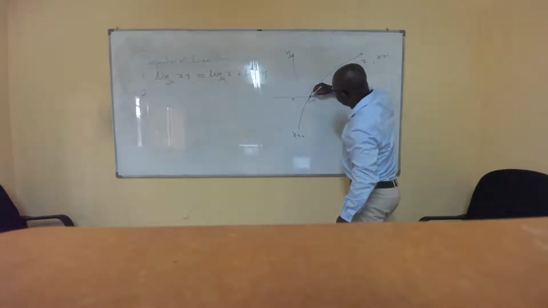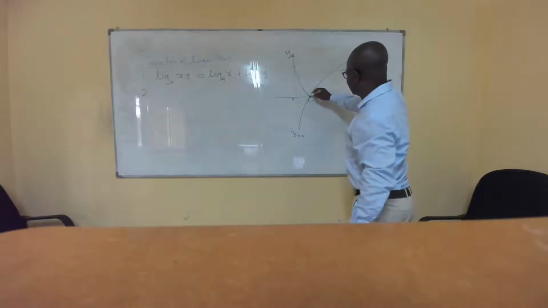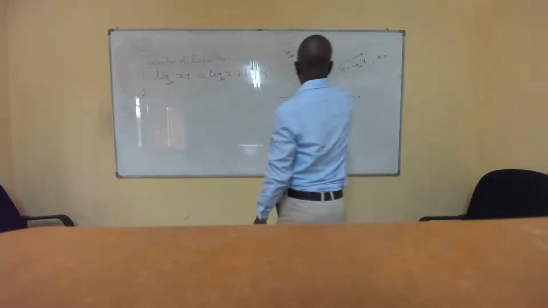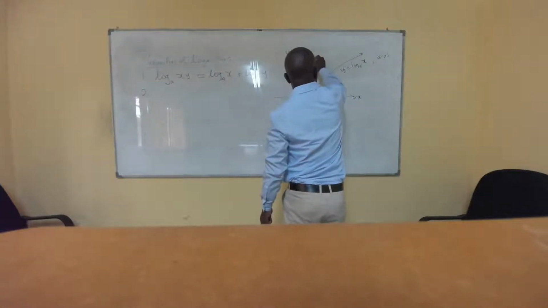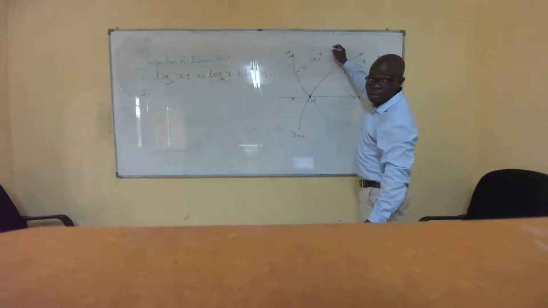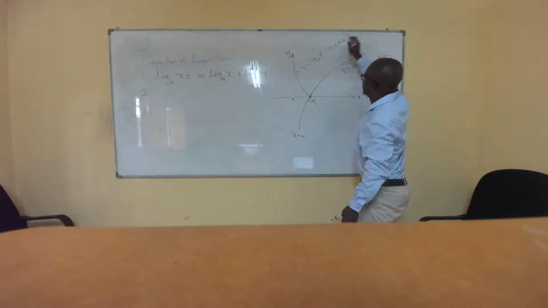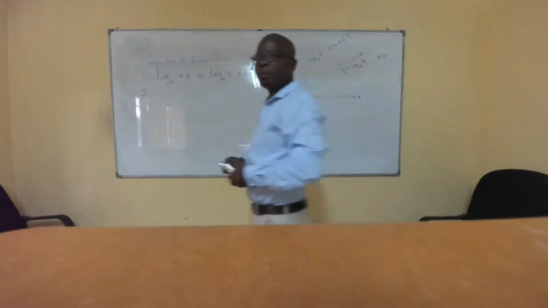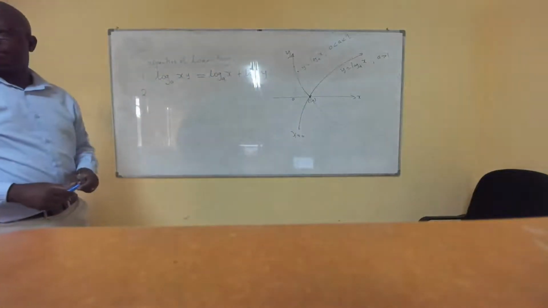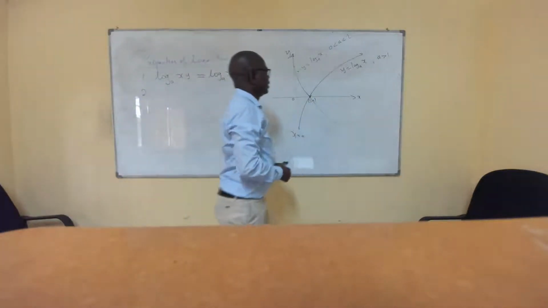It will come like this, approach that, but as it passes here, it goes like this. And you can see that this is y equals log to base a of x. This happens when a is between 0 and 1. We have a decreasing function. Okay, and then there we have an increasing function.